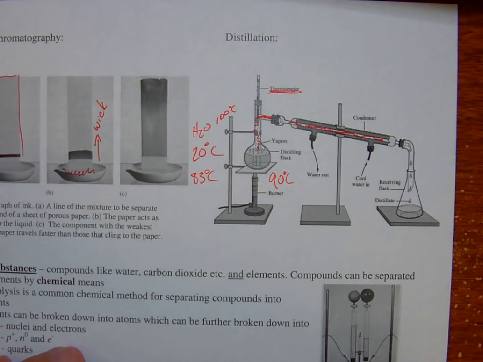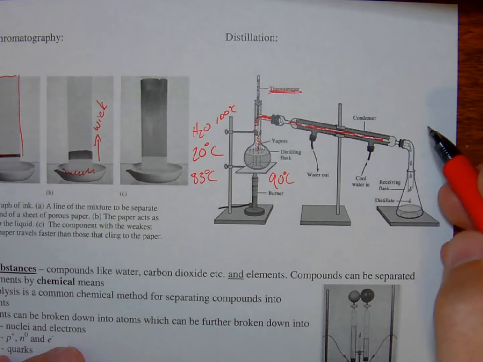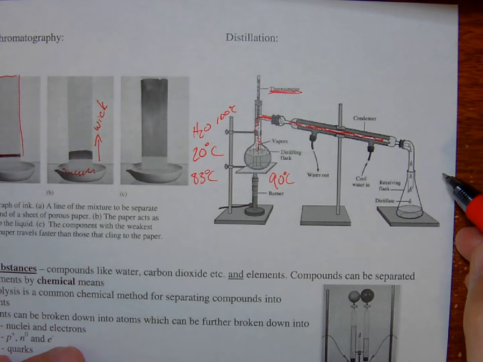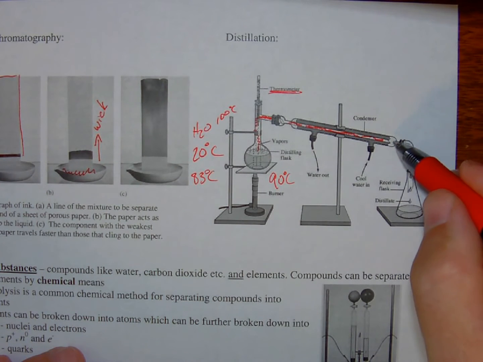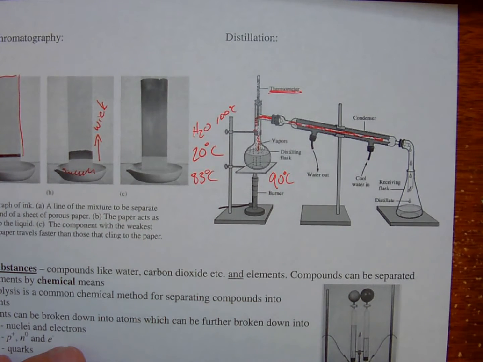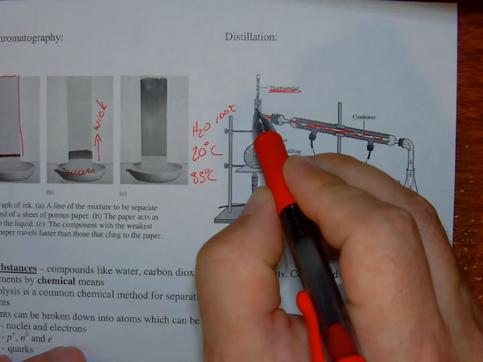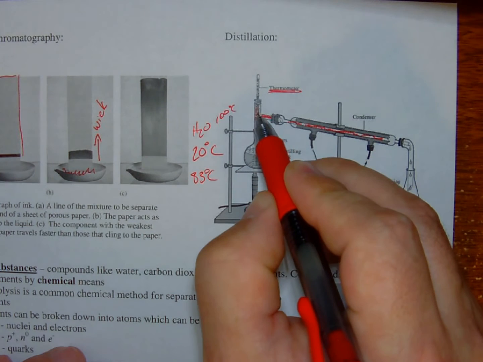And so what does this gaseous alcohol do? It condenses from the gaseous state back into the liquid state. You can see that we have these little drops right here falling into the receiving flask. You might wonder, what about the alcohol gas that comes up here and fills in here?